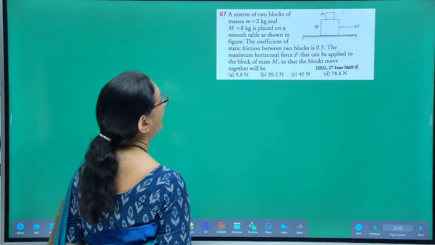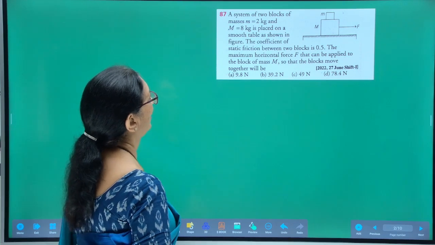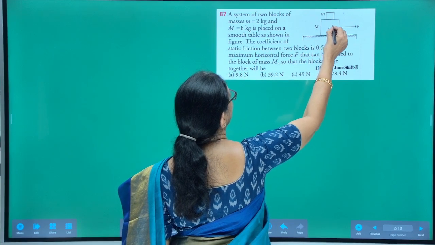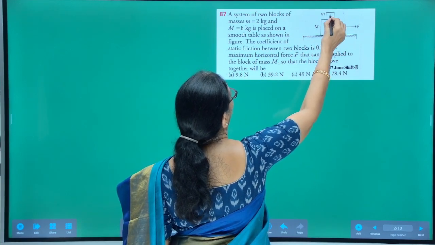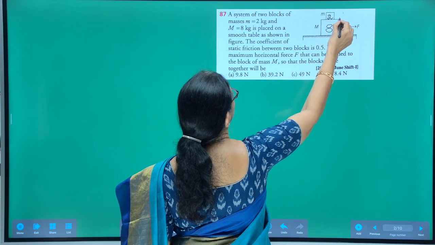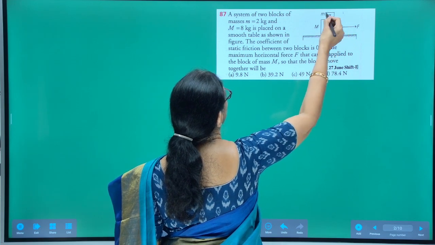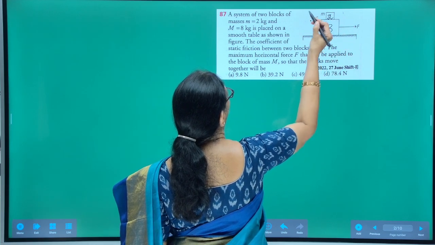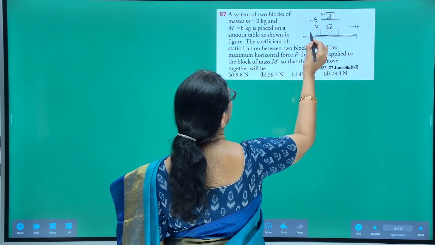Next problem, look here, very interesting problem. In that block system, this is 8 kg and this is 2 kg. The interface between them is rough with coefficient of friction 0.5 and this is smooth.